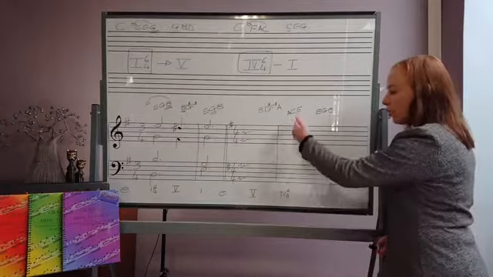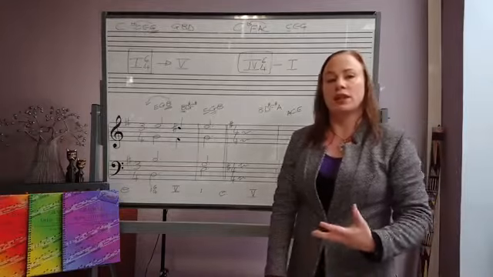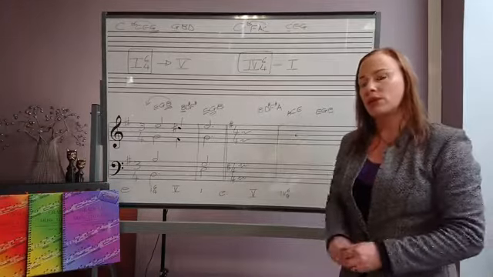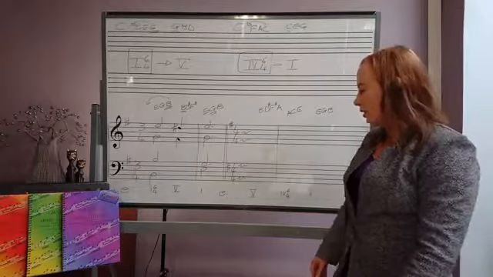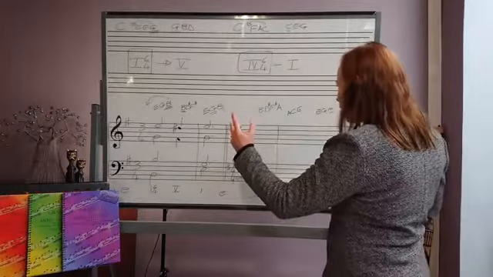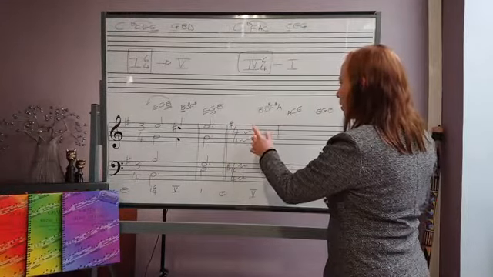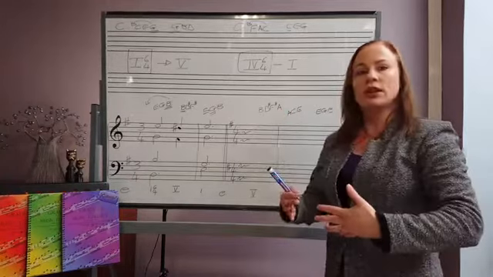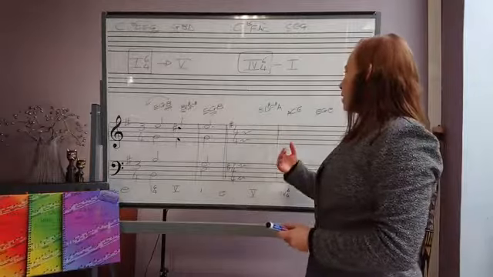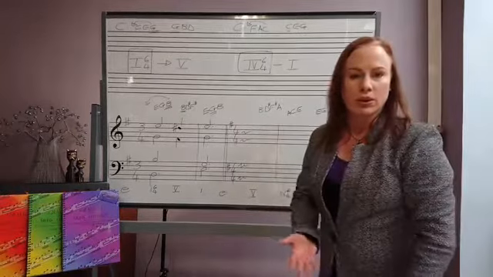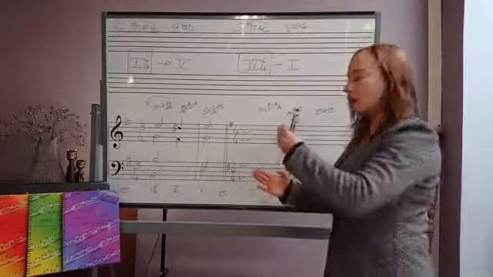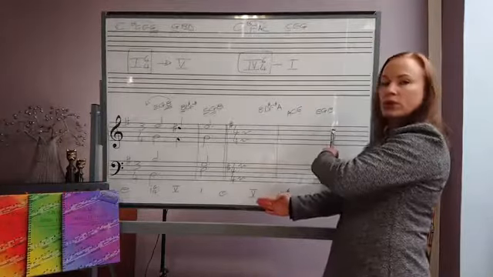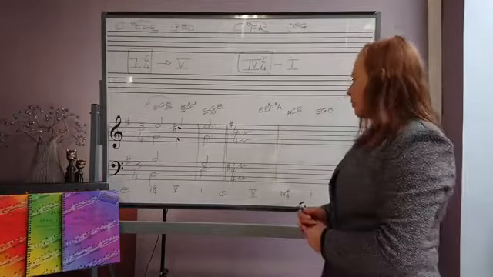The cadential 6/4 chord is purely to decorate my cadence. I put the A here, you can also change it into a dominant chord, and that's up to you, just as long as it indirectly resolves correctly to the tonic triad.